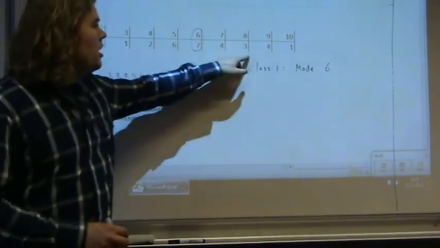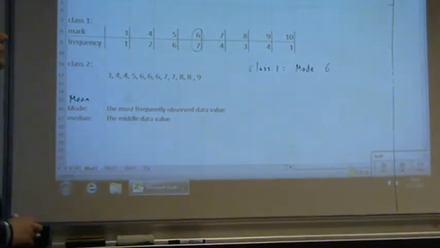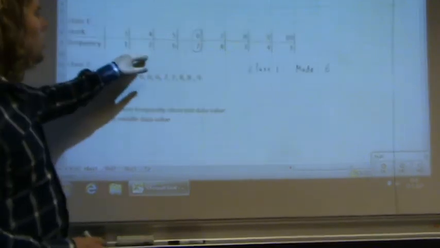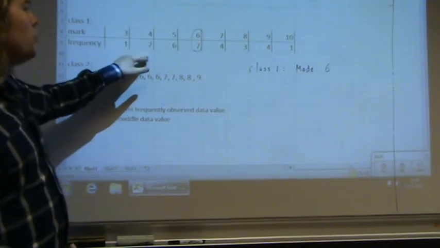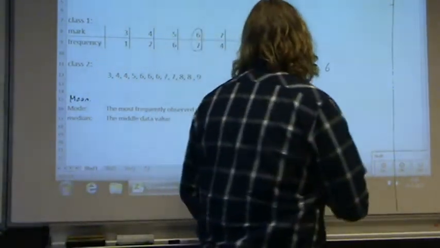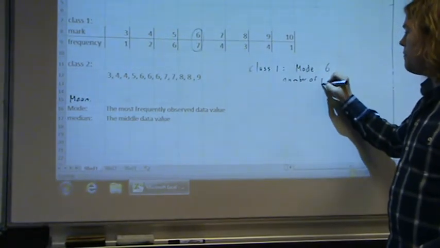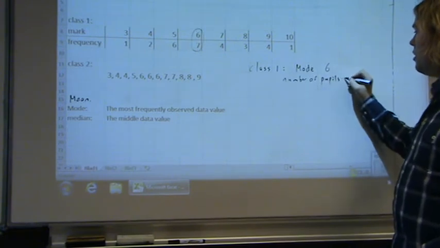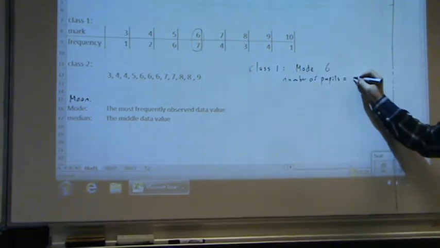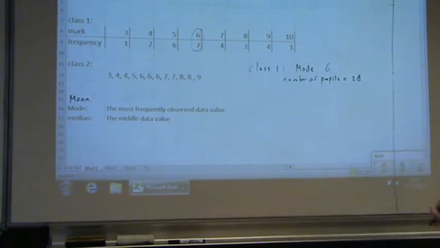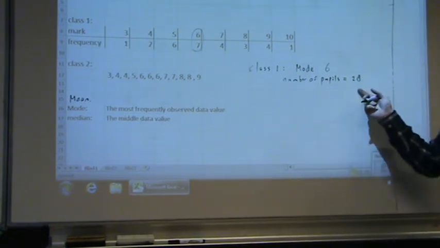You add this, and these are actually the numbers from question 437 we did before. So I already know the total amount of pupils, which is 28. So I write down number of pupils is 28.